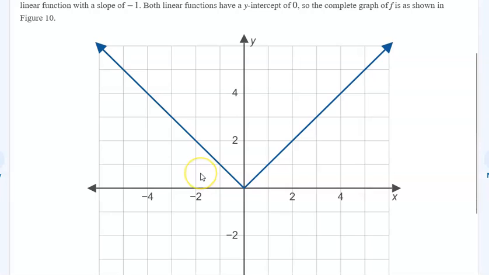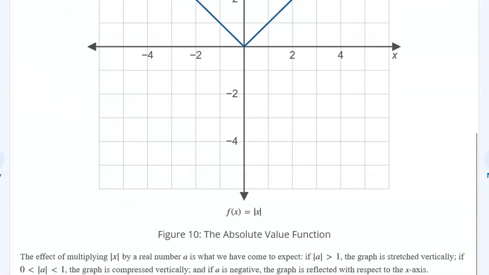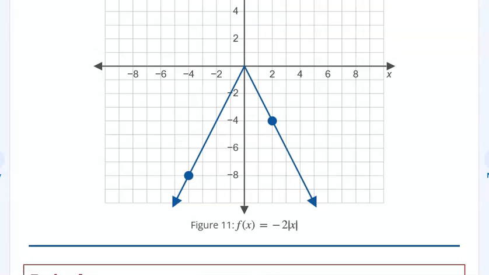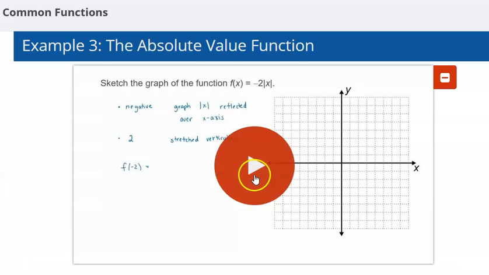Now, if there's a negative sign outside the absolute value sign, then it's going to take this graph and just reflect it to the bottom, where it'll start here and then go down. We'll see this worked out here shortly. And here's an example of it that we'll look at in more detail. All right, now I'm going to use the author's video for this as well, something new.